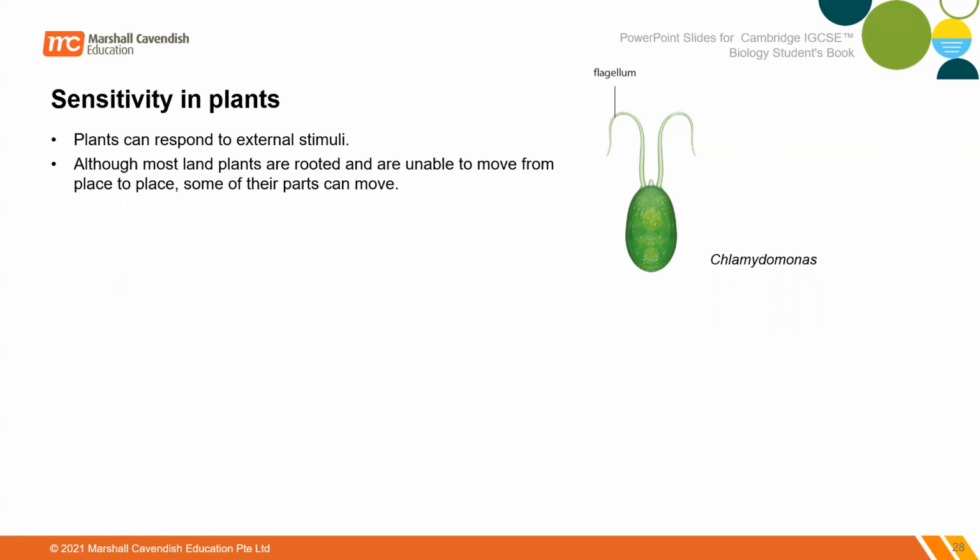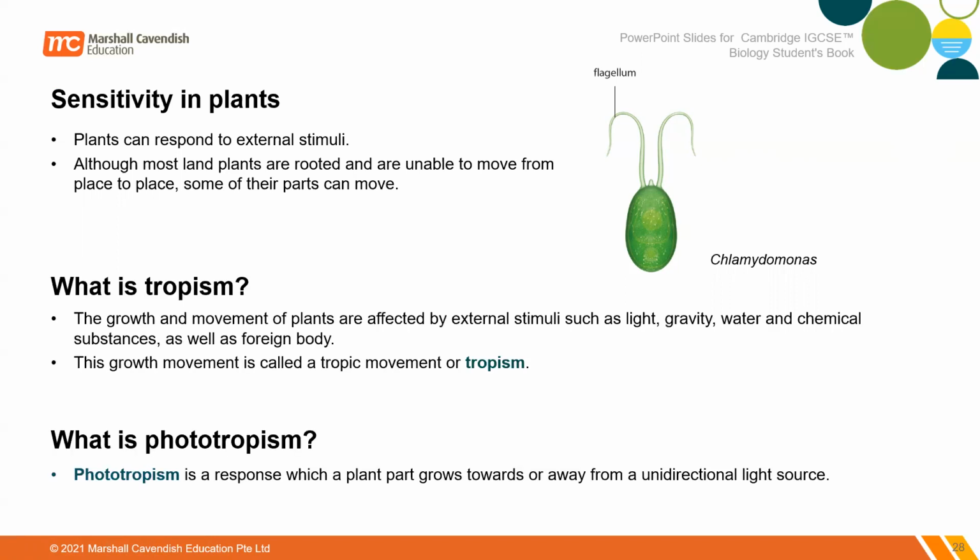This is considered as a kind of sensitivity. بس التروبيزم itself هو الجروث بتاع البلانت which is affected with any kind of stimuli such as the light, such as the gravity, such as the water, such as any chemical.